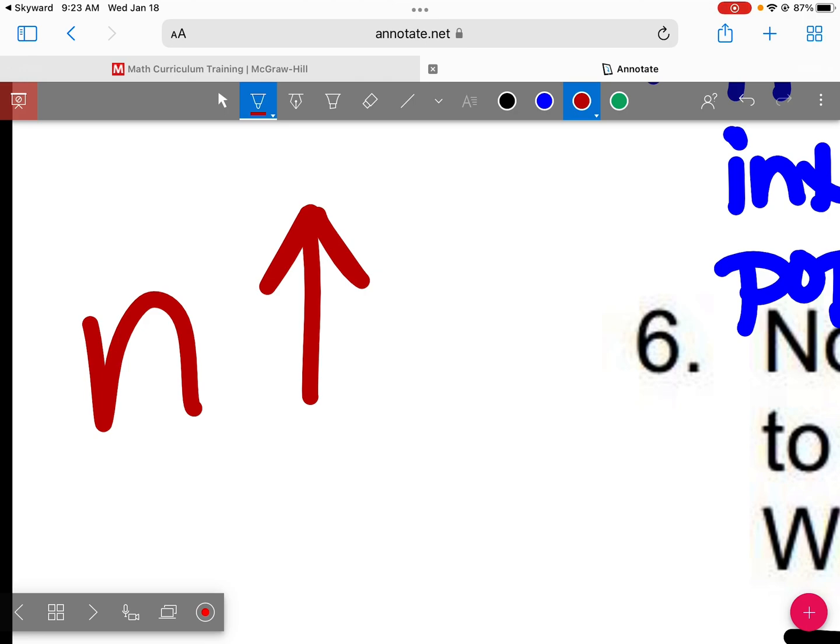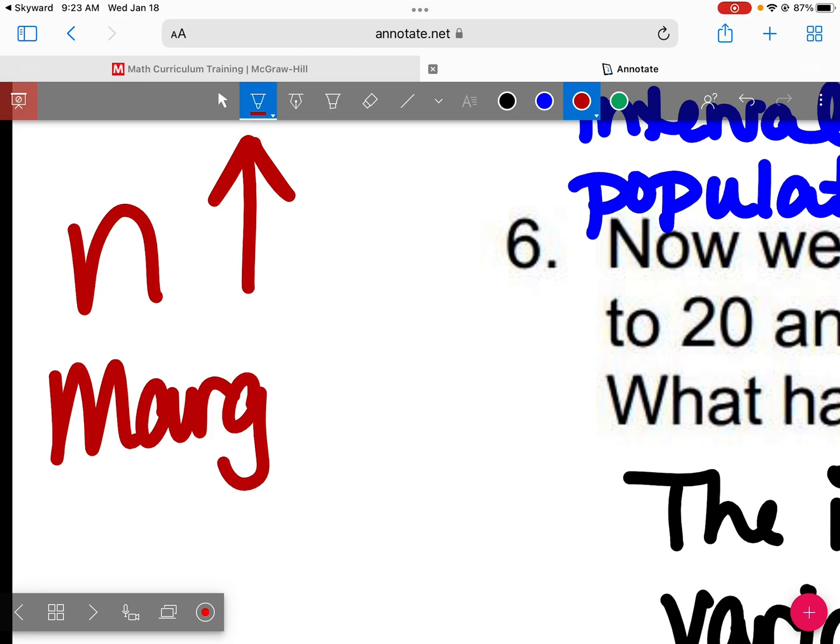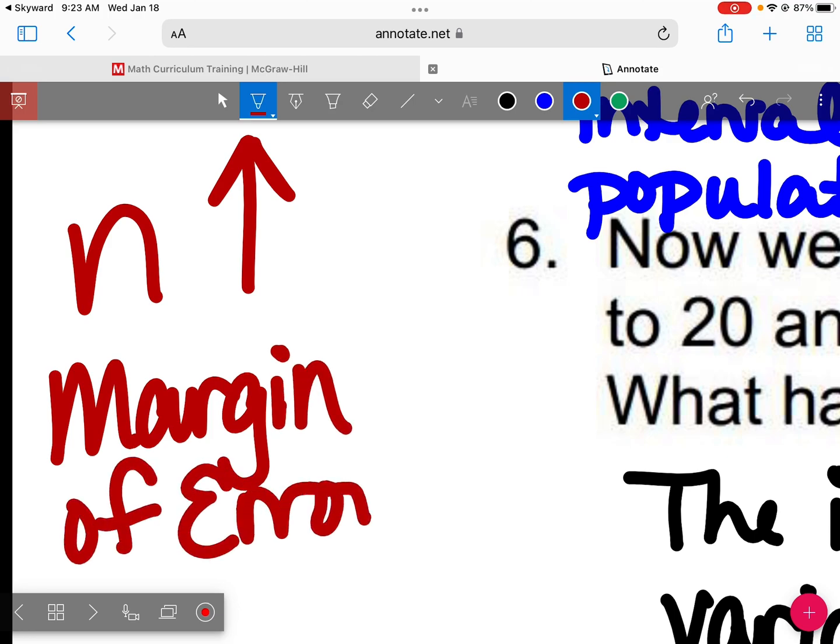Or same idea off to the side: as n goes up, my margin of error goes down.